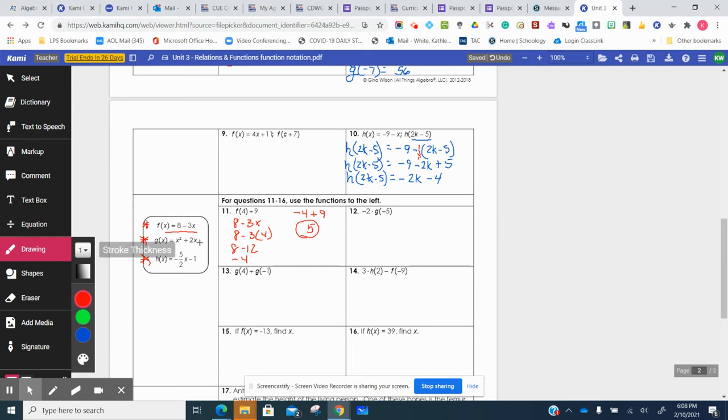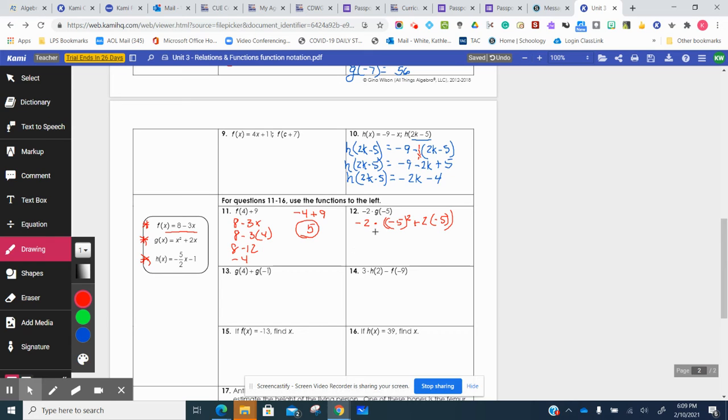So let's do this one. Let's look at number 12. Number 12, we have negative 2 times... Now I want to find out what g of negative 5 is. So I'm going to use this equation. So I'm going to say (negative 5) squared. And don't forget, I'm putting that whole thing in parentheses, (negative 5) squared plus 2 times negative 5.